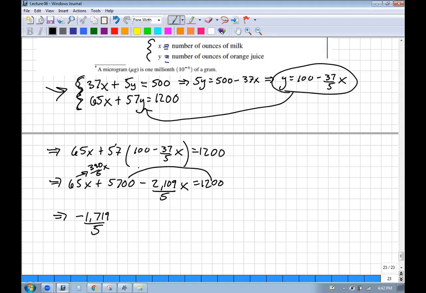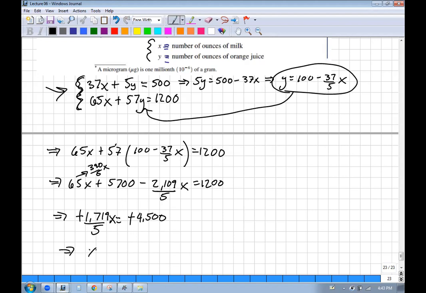And now I'll take 5700 and subtract from both sides. So 1200 minus 5700 gives me negative 4500. Multiply both sides by that.